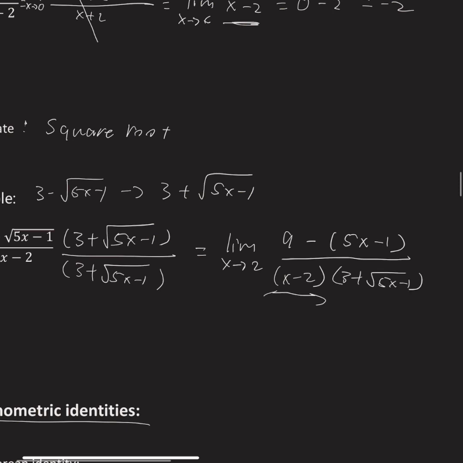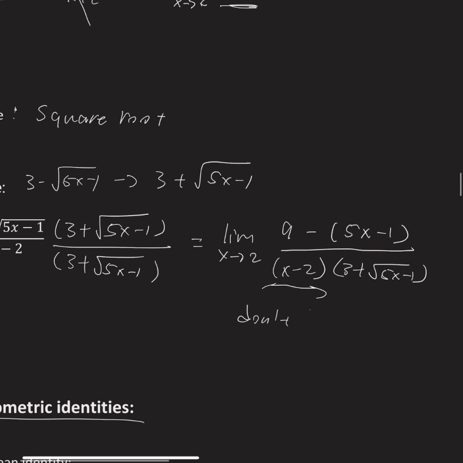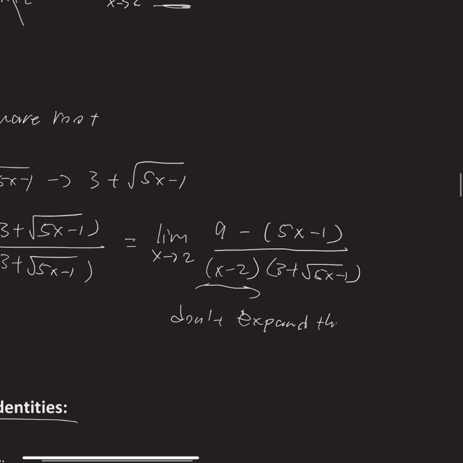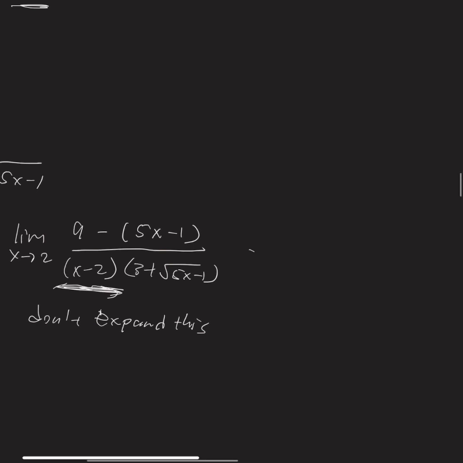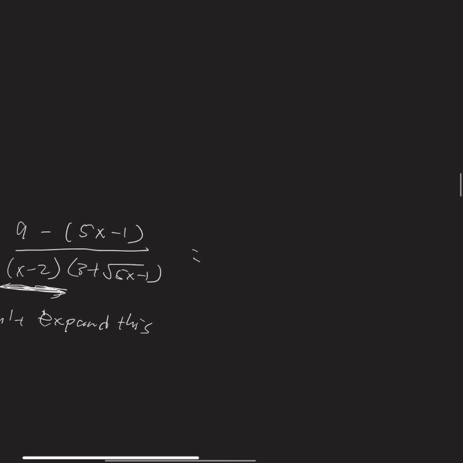Remember, don't expand this, because we're potentially canceling out this term here. We're left with negative 5x plus 10 over x minus 2 times 3 plus square root of 5x minus 1.